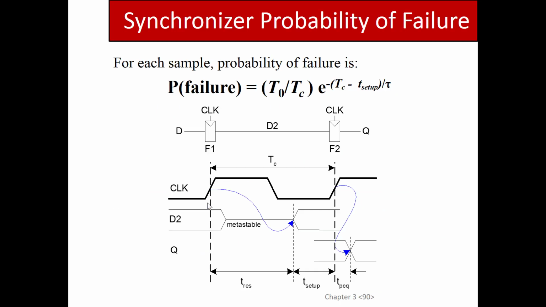So now we're going back and saying, all right, we've got this synchronizer. We're going to use it to clean up this D input. But how often is the D input going to change? Well, if it's just a button that a user presses, probably not very often, right? But if it's a signal coming from another chip, it might be changing quite a bit.